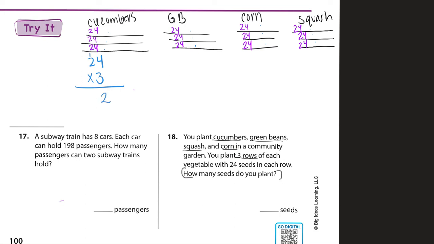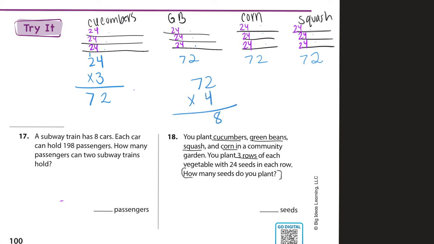Carry the 1. 3 times 2 is 6, plus 1 is 7. So I have 72 here. It's going to be the same number for each vegetable. 72, 72, 72, 72. I can add them all together again, or I can just multiply 72 times 4.